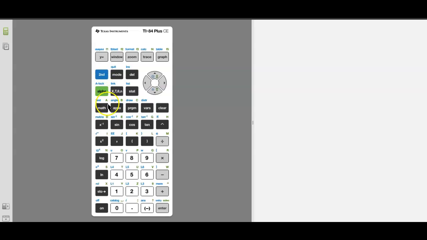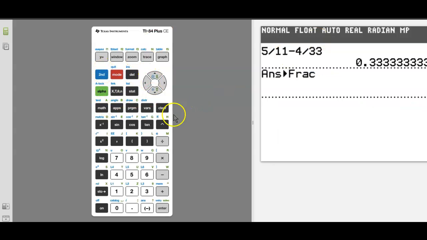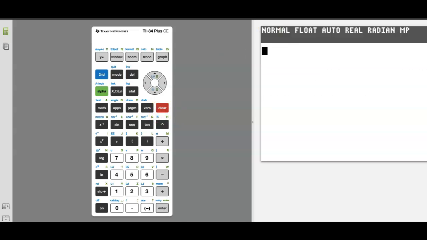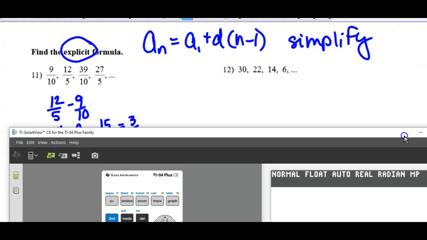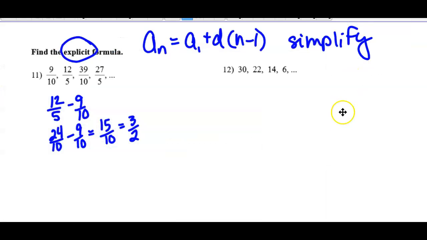So what if we took 27 fifths minus 39 tenths? Okay, it is going up by 1.5. You see that? Or 3 halves.